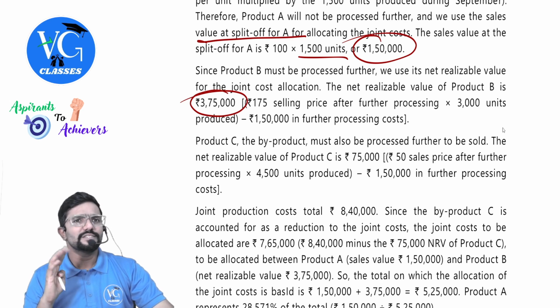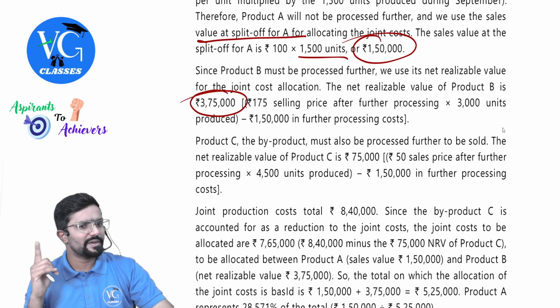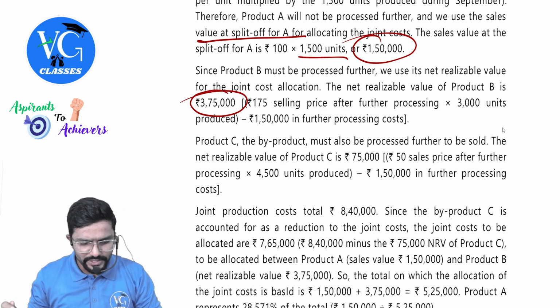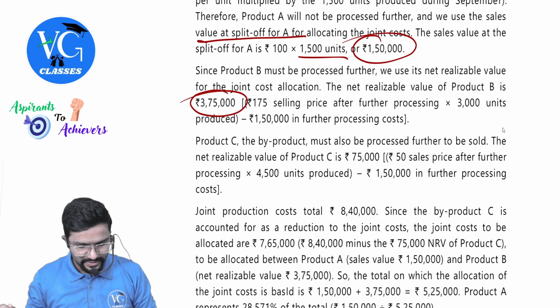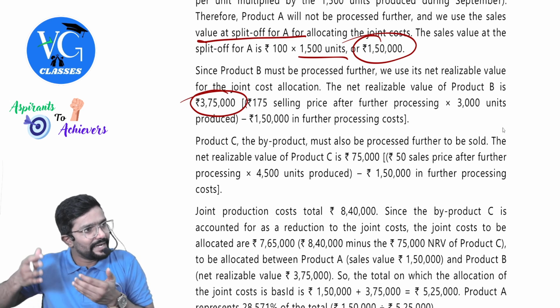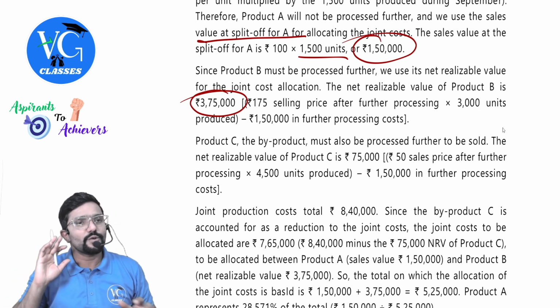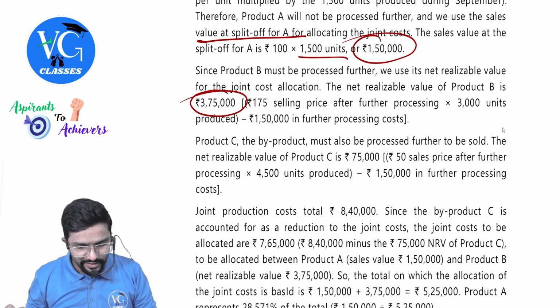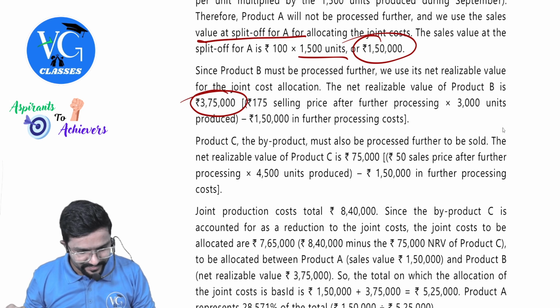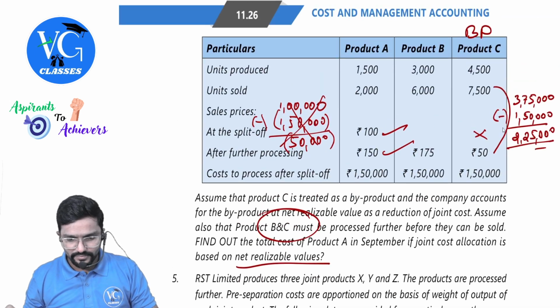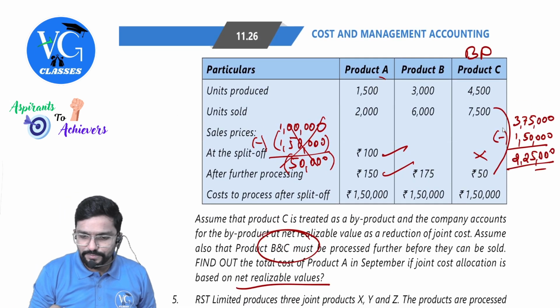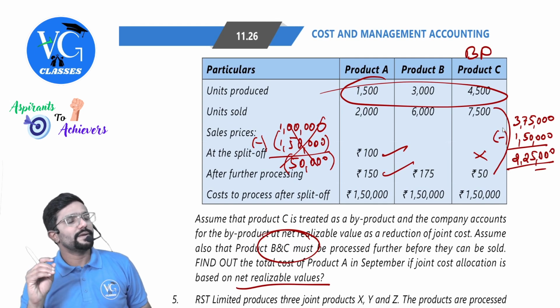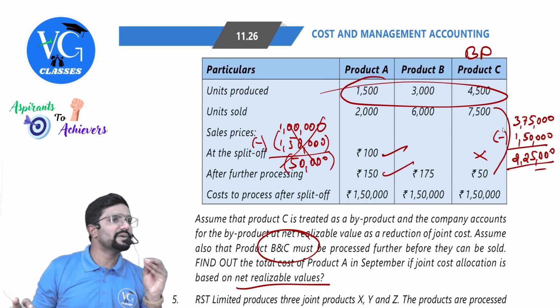So there can be an opening stock here, obviously, because units sold is more than units produced. But the process has taken place in the current period, so joint cost would have been incurred for units produced. Even though it is the selling price, they are multiplied only with units produced.